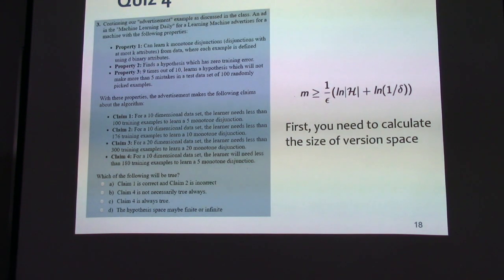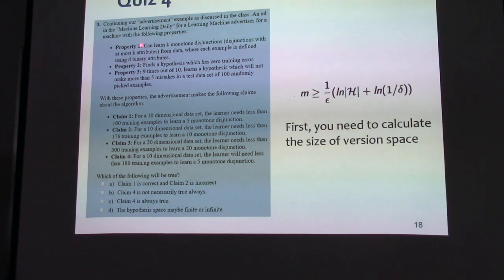Because you use binary attributes, you should not use 3. 3 is about the conjunctive concept. So if the number of the monotone disjunction equals the number of dimension, then the size of the version space should be 2 to the power d.